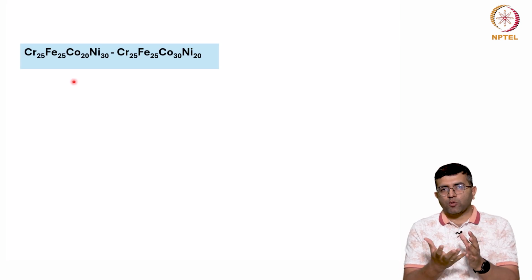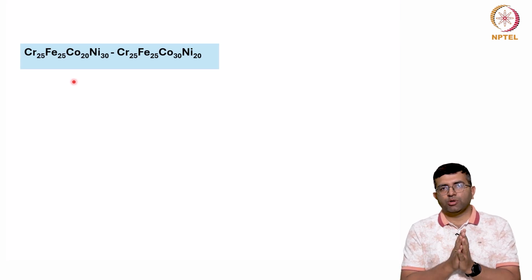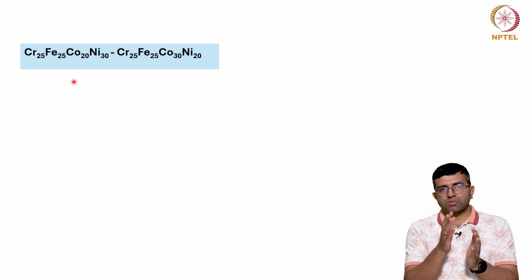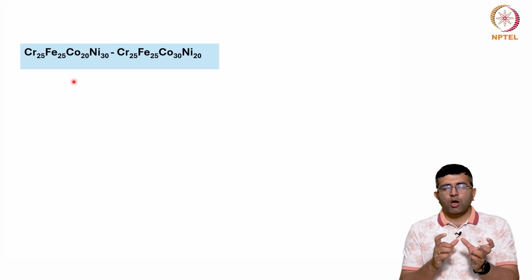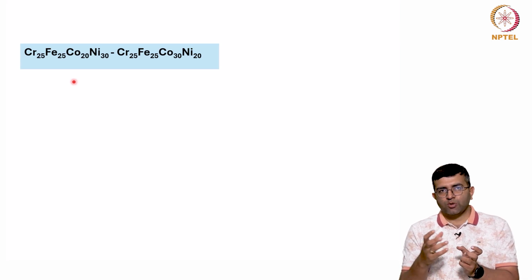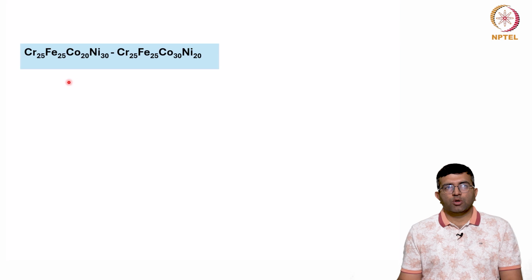For the mathematical analysis, one approach to study the diffusion behavior in these multi-component alloys is to use what is known as a pseudo binary approach. You see here why it is called pseudo binary. If you carefully see the system, it is chromium 25, iron 25, these are atomic percentages, cobalt 20 and nickel 30.